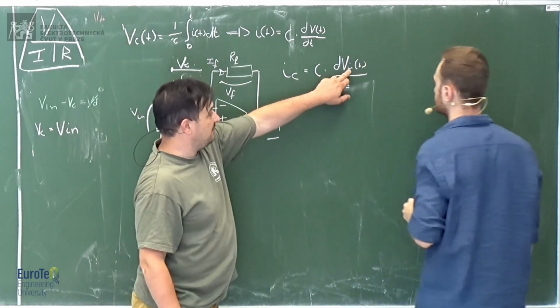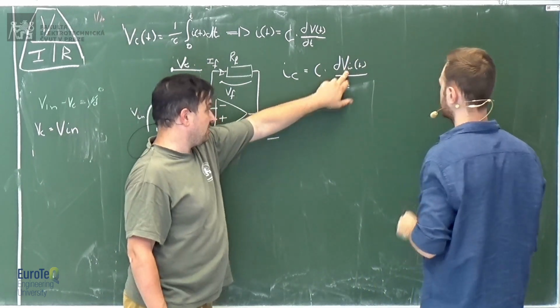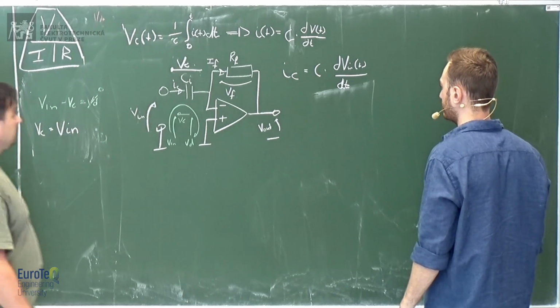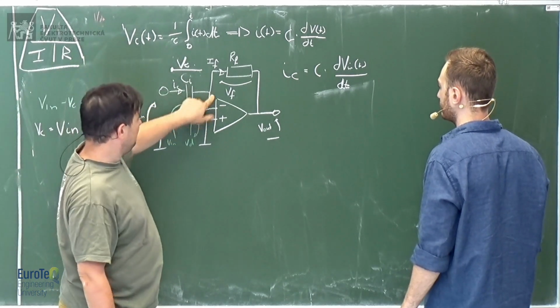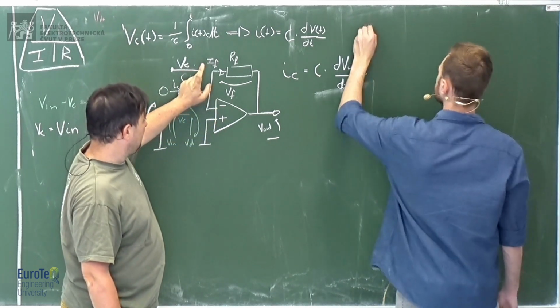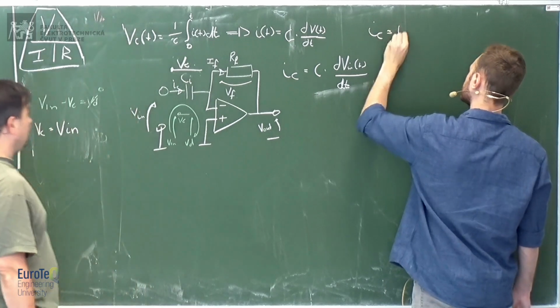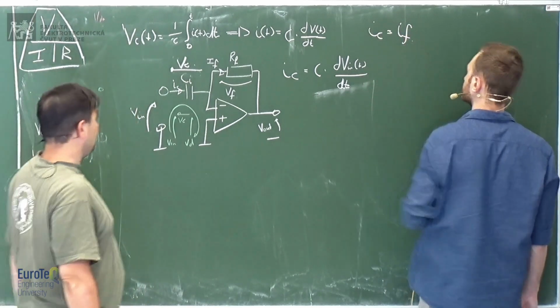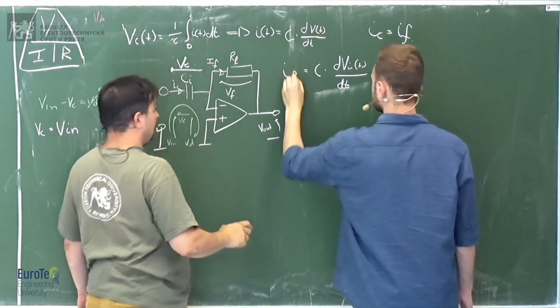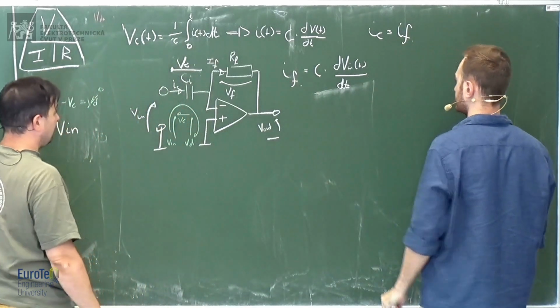Because it's the voltage on the capacitor, but the voltage on the capacitor is the same voltage as the input, okay? Then this current cannot enter the operational amplifier, so it will be the current in the feedback, fine. So we can say also this is the current in the feedback. Fair enough.